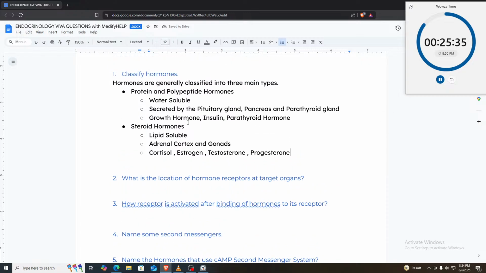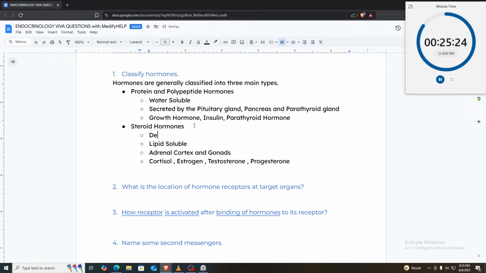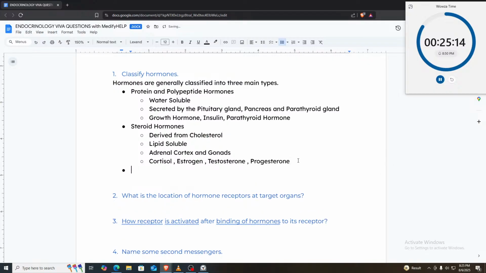So steroid hormones: lipid soluble, adrenal cortex. Another important point for steroid hormones is that they're derived from cholesterol. I think that is good. What about the third class? That is basically your amino, or tyrosine based. What do I mean by tyrosine based?